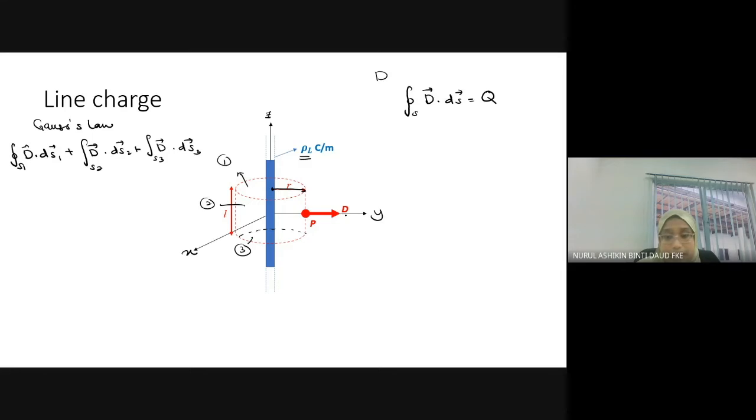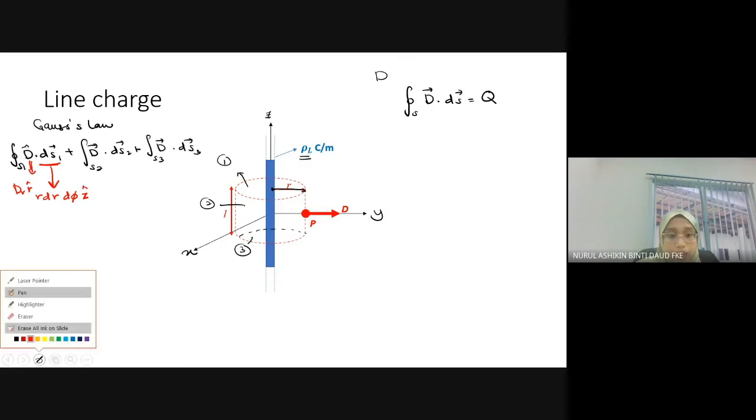Let's look at them one by one. Since our D is in the R direction, D will be D_r in the r direction. For S1, it is moving upward, so it is in the same direction as z, so dS1 will be r dr dphi in the z direction.